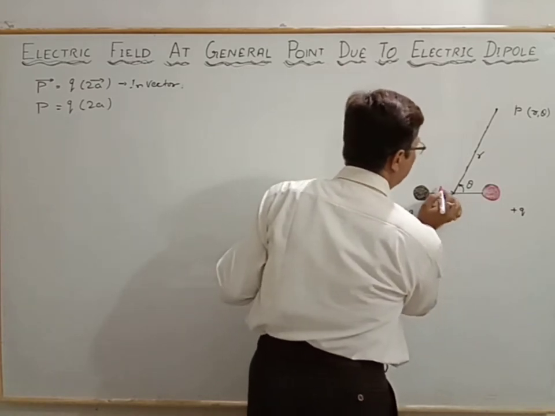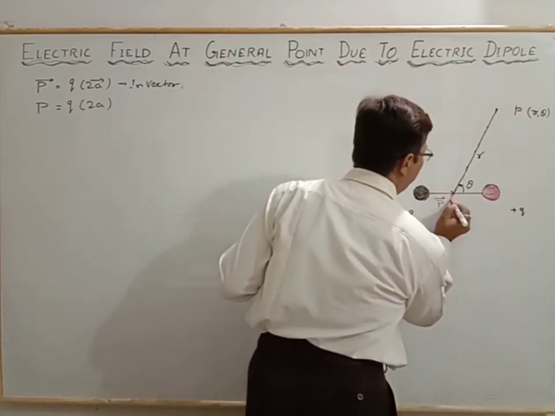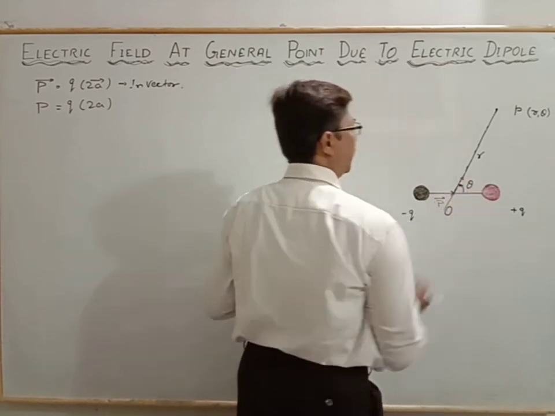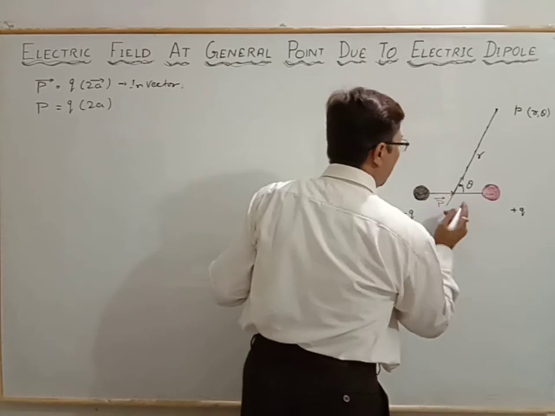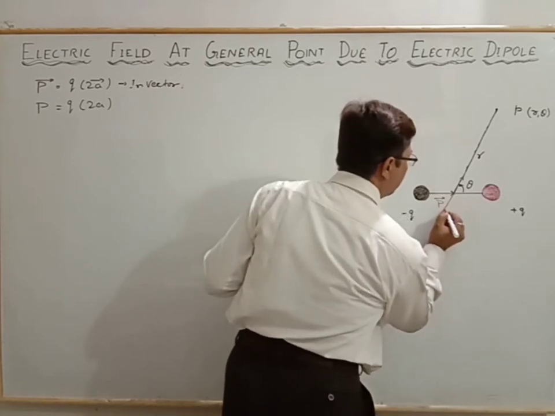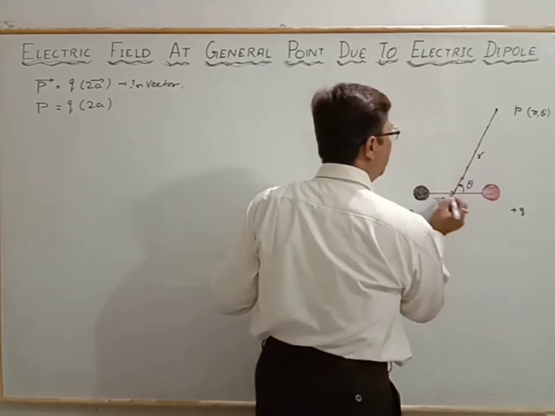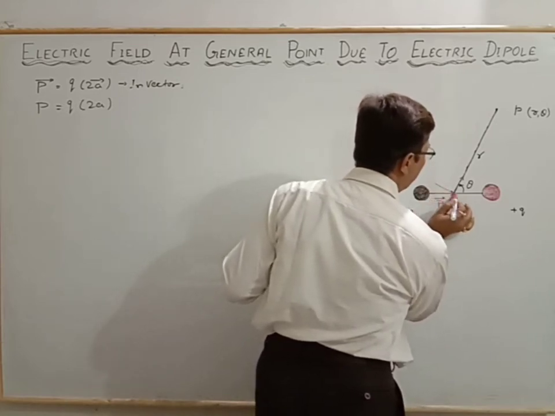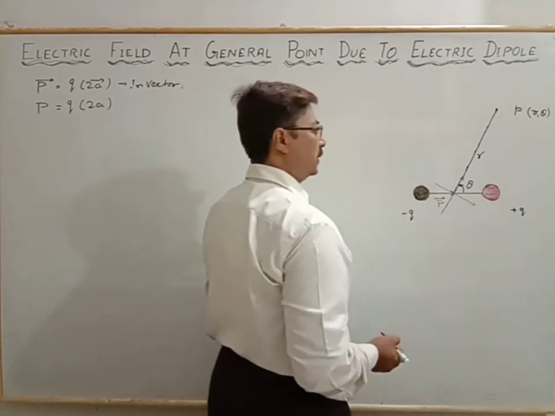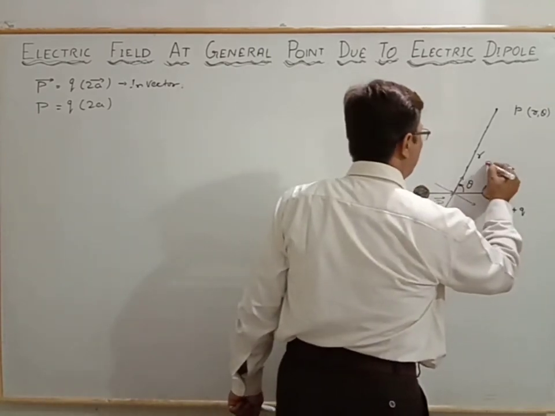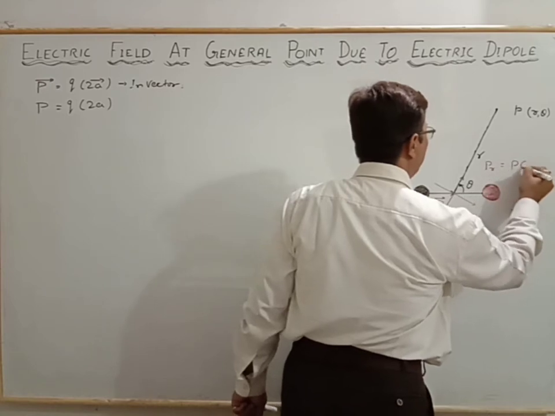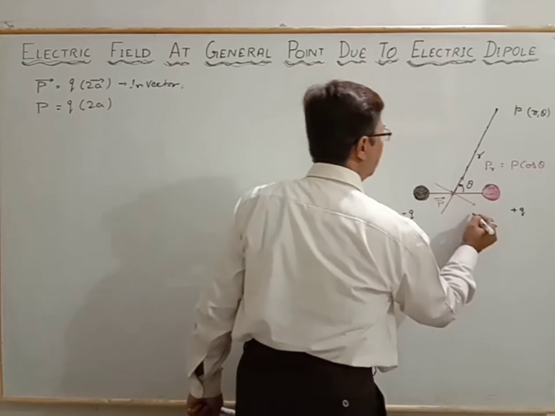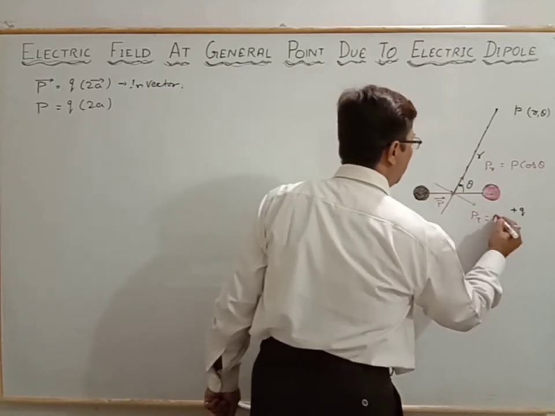This P vector is resolved along the radial component like this, and the transverse component of this P vector is here. So the radial component of the P vector is equal to P cos theta, and the transverse component, that is P_T, is equal to P sin theta.